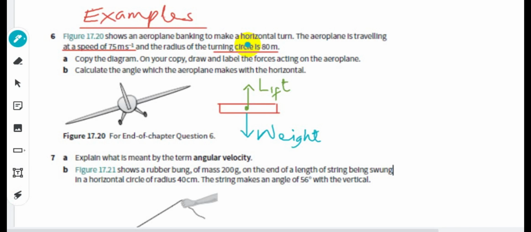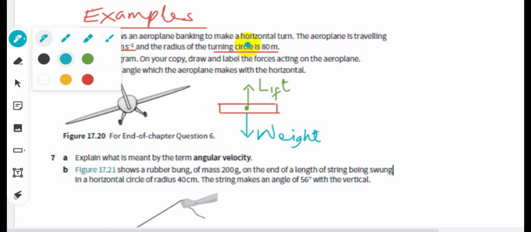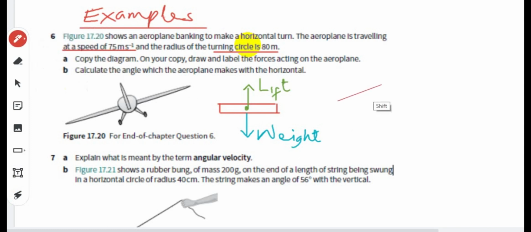So this aeroplane in this case is trying to turn around a circle of radius 80 meters, so there needs to be a centripetal force. Because of that, the aeroplane needs to bank, and I'm going to explain why it needs to bank. First of all, I'm going to redraw the aeroplane with this shape, and of course this time around it is banking.